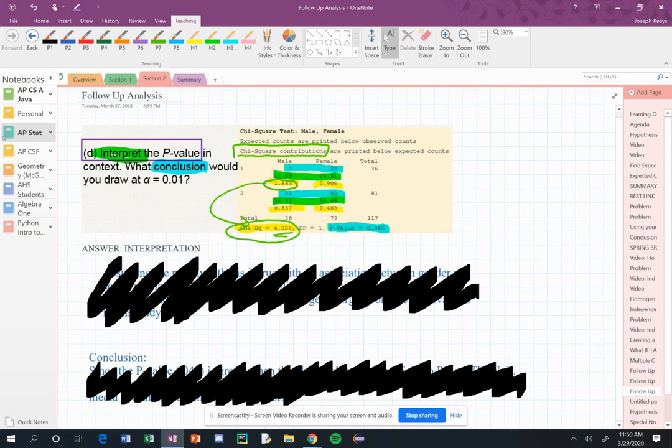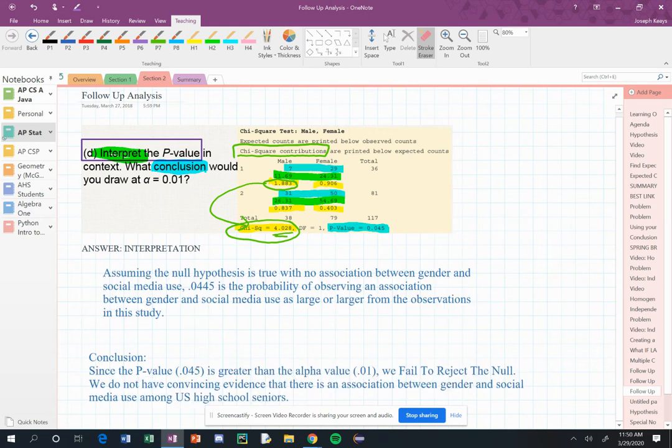What else did I want to make mention of in here? In class, we would have gone over, hey, can you guys make an interpretation using the p-value and an alpha level? Oh, excuse me. No, this is an interpretation of the p-value. That's this value right there. That's another cookie cutter example of what the p-value means in context.